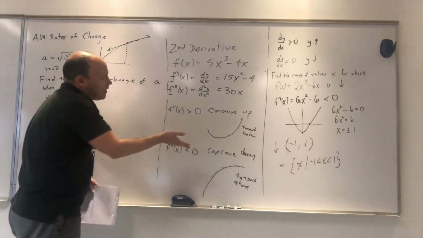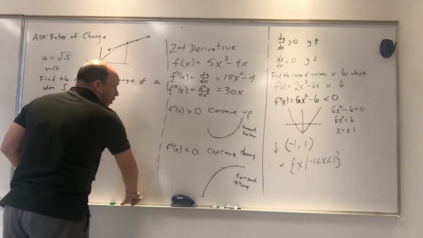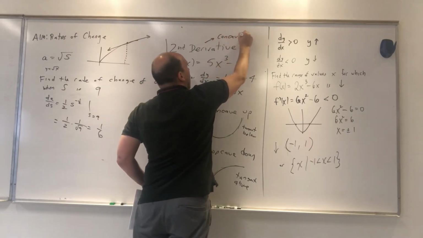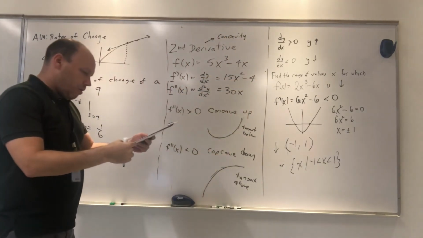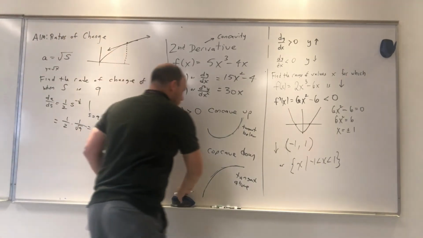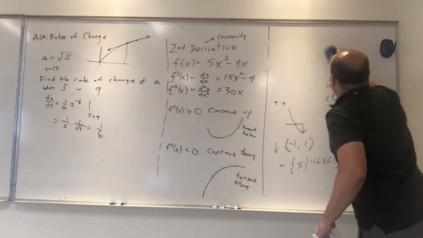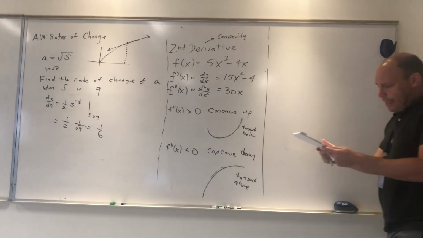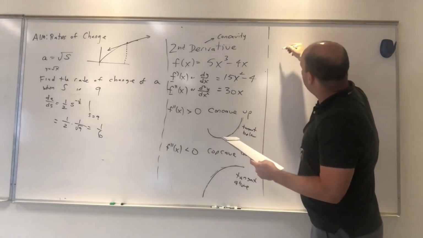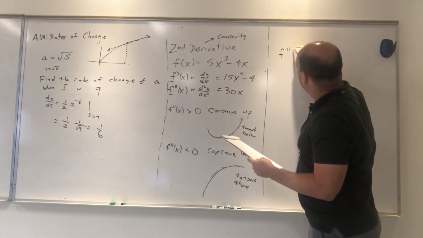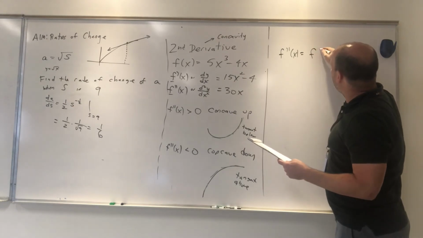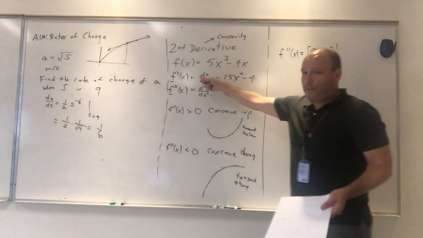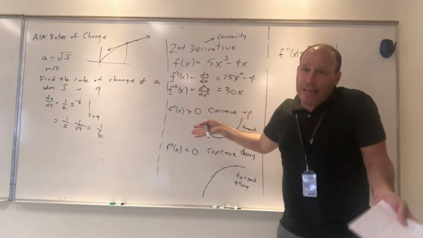Concavity, so an important word is concavity. Now, most of this stuff isn't showing up, and then the last part is, we see that the second derivative is actually the derivative of the first derivative, right? Because that's what we did. We had the first derivative, and then we took the derivative again.